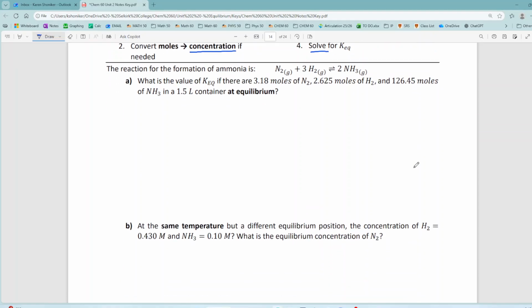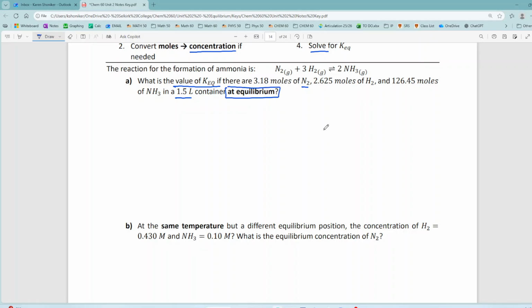So here we go. We have the reaction for the formation of ammonia, which is nitrogen plus hydrogen forms ammonia. We want to find the value of Keq if there are 3.18 moles of nitrogen, 3.625 moles of hydrogen, and 126.45 moles of ammonia in a 1.5 liter container, key wording, at equilibrium.